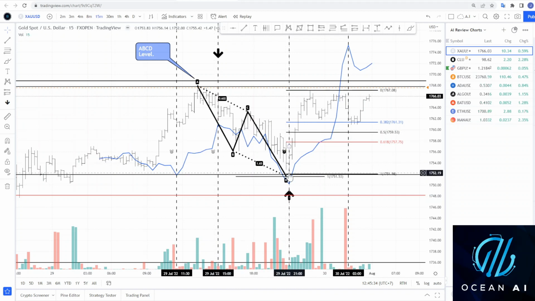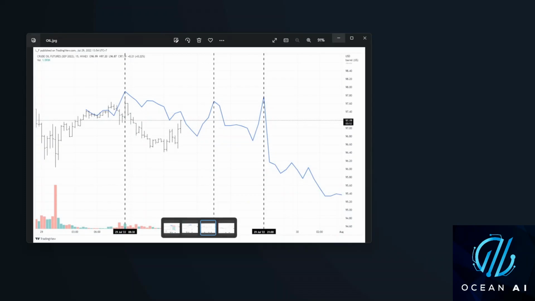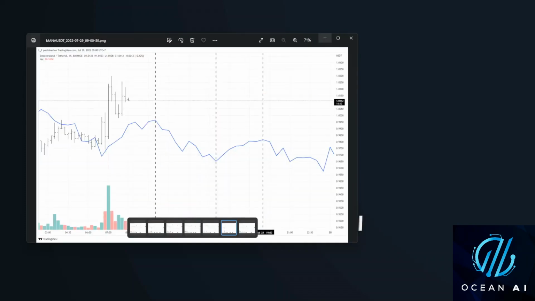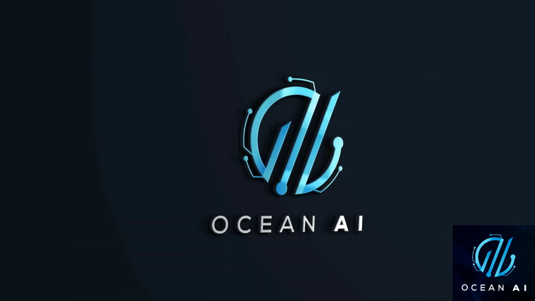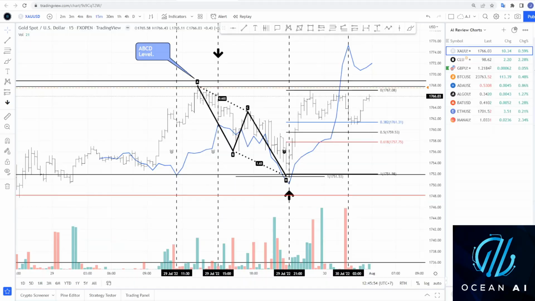What it did create was an ABCD down into this time zone, which is the ideal scenario. Just as this was happening, I sent out a chart with this ABCD on it to show the setup.